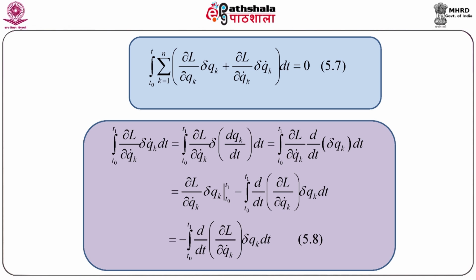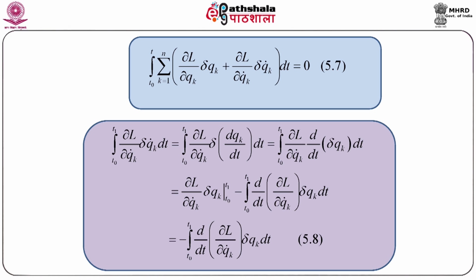Integrating by parts, we have del L del qk dot delta qk taken at the points t0 and t1, minus integration t0 to t1 of d/dt of del L del qk dot delta qk dt.